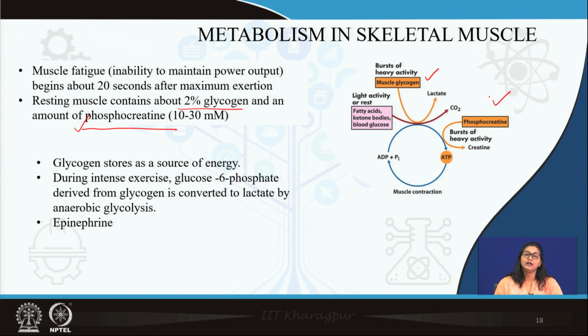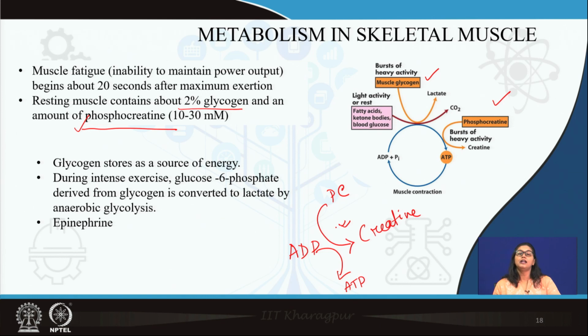Phosphocreatine basically, when ADP is formed by hydrolysis of ATP, helps to regenerate this ATP. So, ADP forms ATP by phosphate group donation from phosphocreatine, which becomes creatine. So, that is the importance of phosphocreatine. It helps in regeneration of ATP.